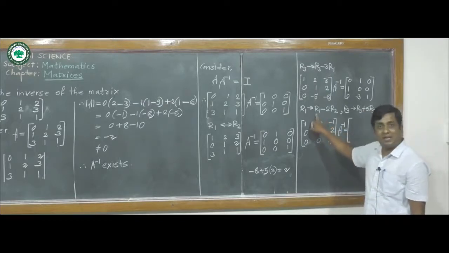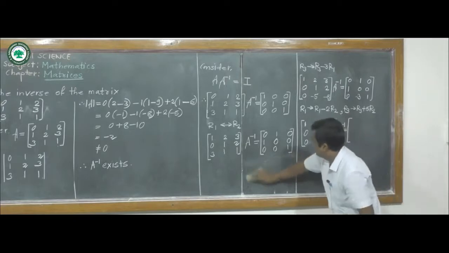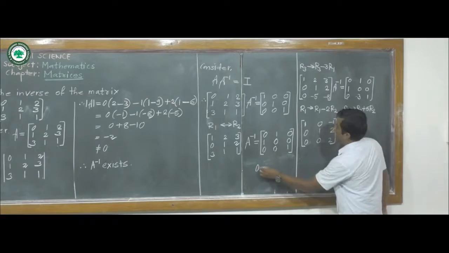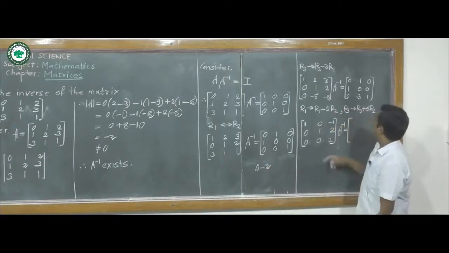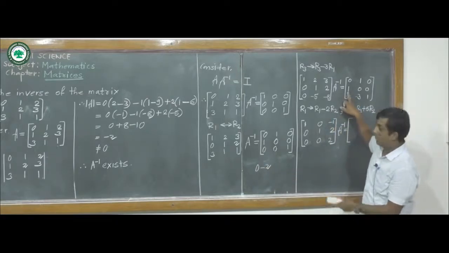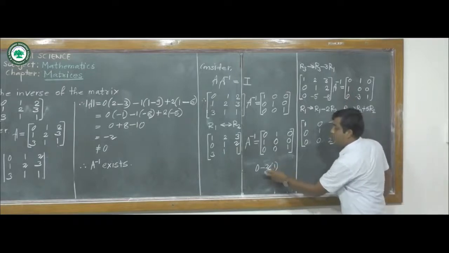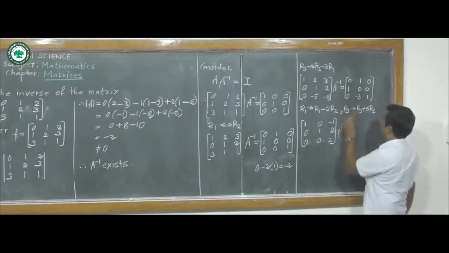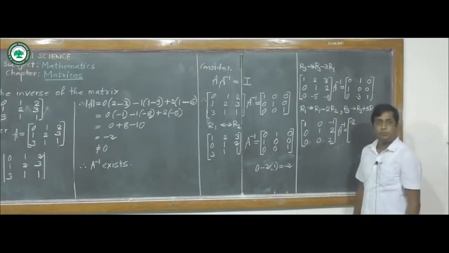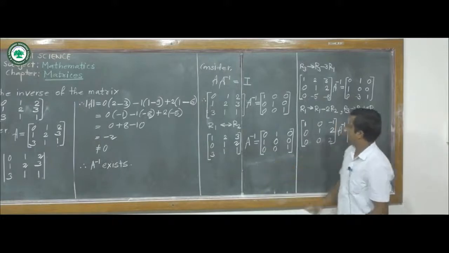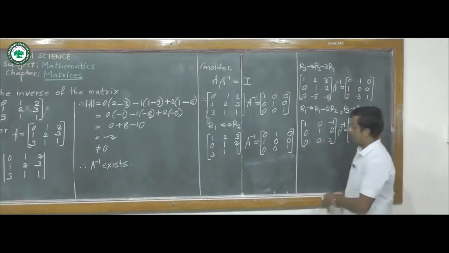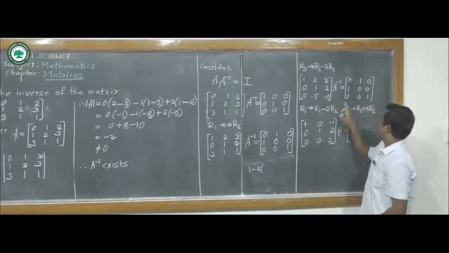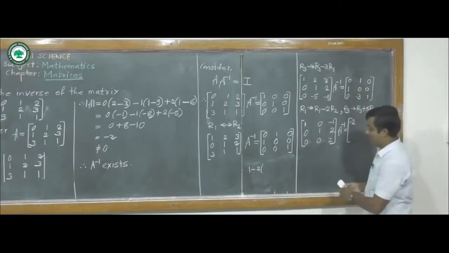We perform this transformation. Again, in the position of row first we have 0 with -2 into the first element from row second, which is 1. So we get 0 minus 2, which is -2. So in the position of 0 we get -2. Next, the second element from row first is 1 with -2 into the second element from row second, which is 0.